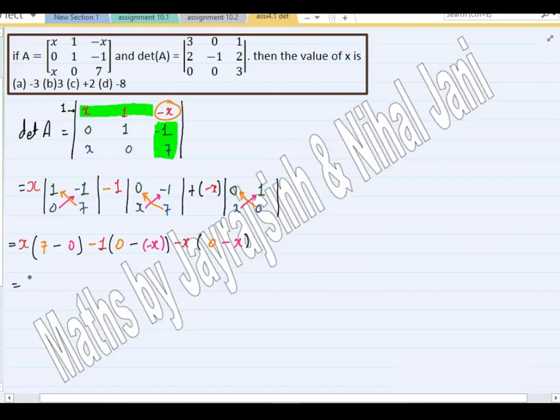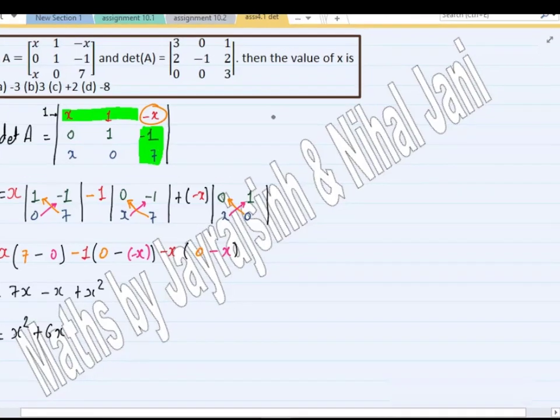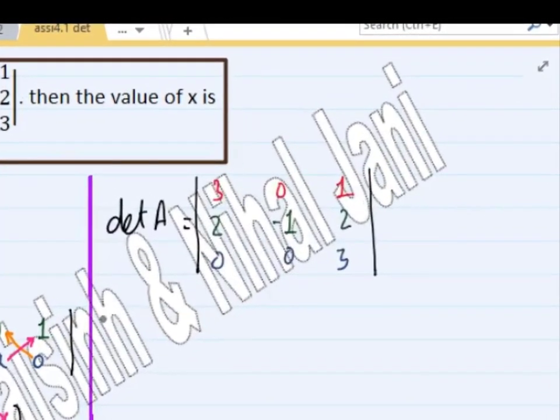So here we get 7x minus x and plus x square, or we can say x square plus 6x, right?